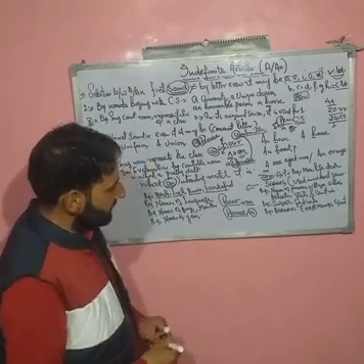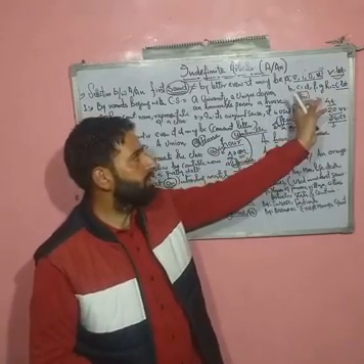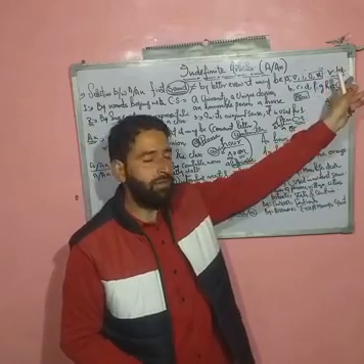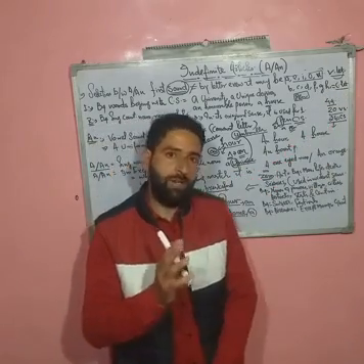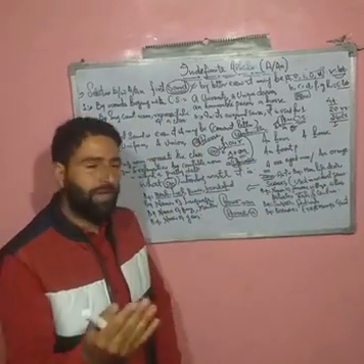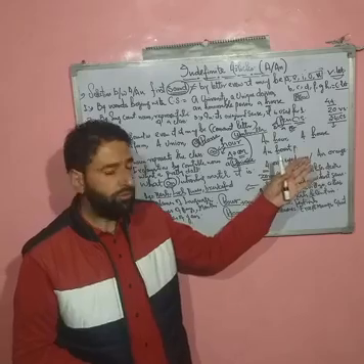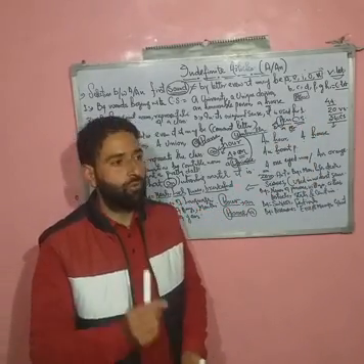So it doesn't depend upon vowel letters, nor upon consonant letters, but upon the first sound or pronunciation of the word. If we have a vowel sound, we use an, and if we have a consonant sound, we use a.